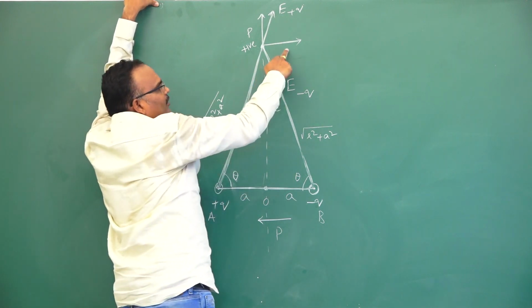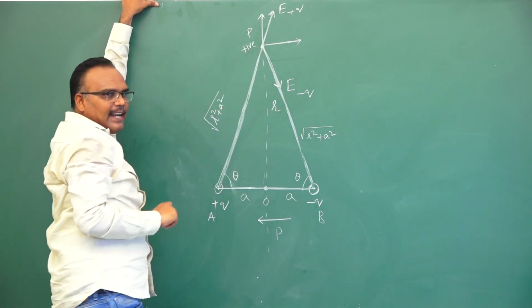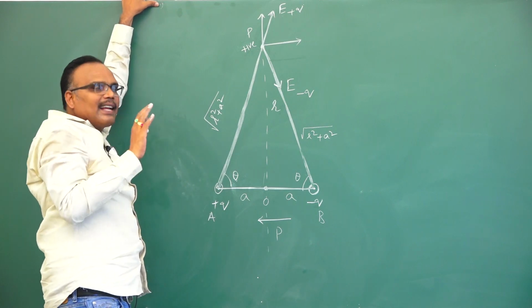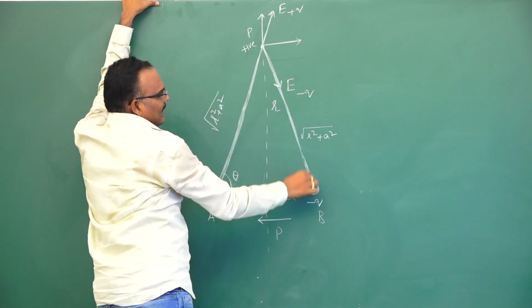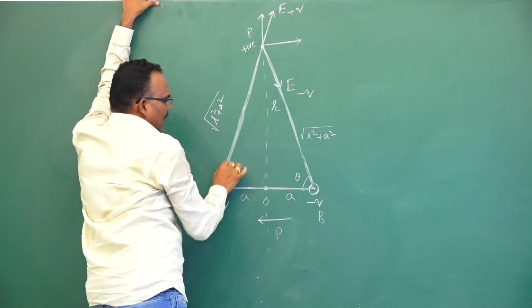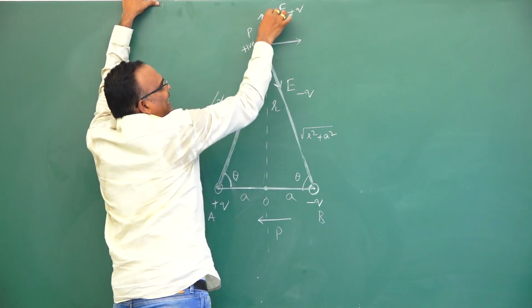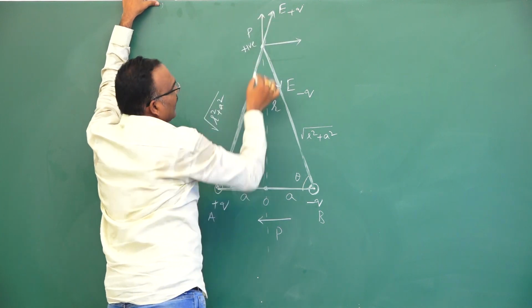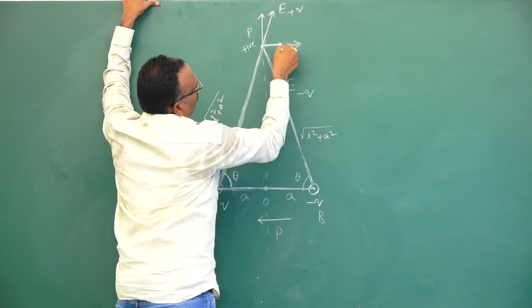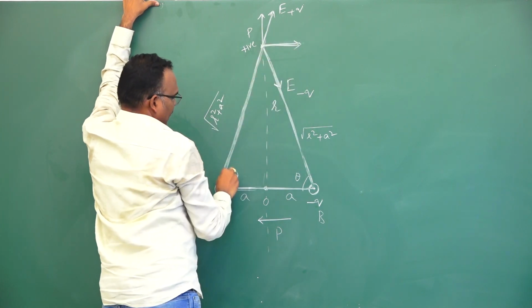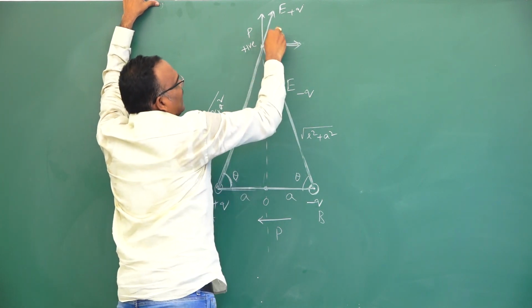Which one is cos and which one is sin, I have to decide. That can be decided only by knowing the angle. From this isosceles triangle, if this angle is theta, see the same line is extended. This is a horizontal line, this is also a horizontal line, so the angle between these two is theta.